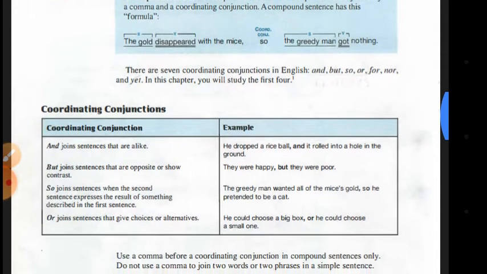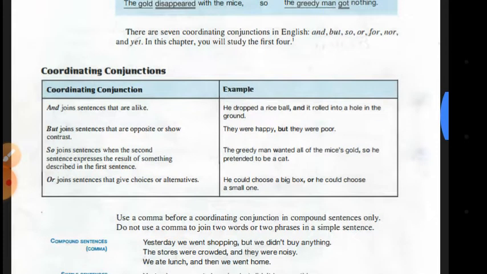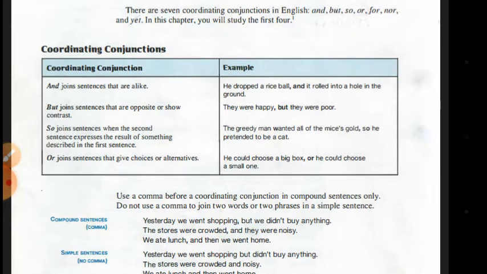Here are examples of coordinating conjunctions, like and. We use it for joining sentences that are alike, للإضافة. But we use to join sentences that are opposite or show contrast, like they were happy but they were poor. So joins sentences when the second sentence expresses the result of the first sentence.